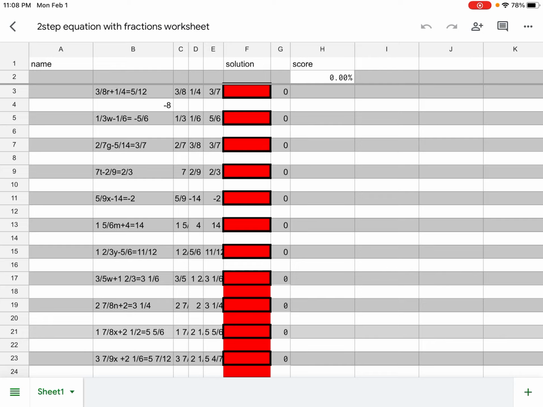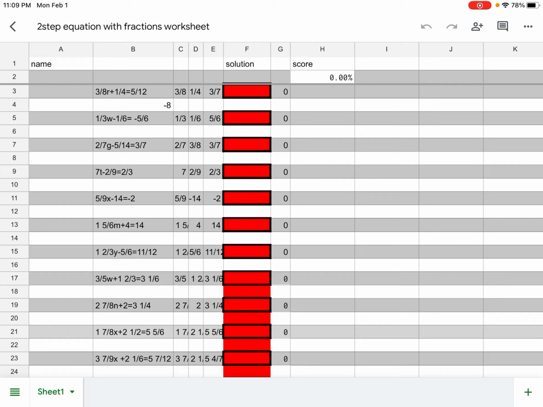So on this one, we're going to subtract 1/4 from both sides. So 1/4 is going to become 3/12. So 5 minus 3 is going to give us 2/12, which is 1/6. Now the next step is to multiply both sides by the multiplicative inverse of 3/8, which is 8/3.